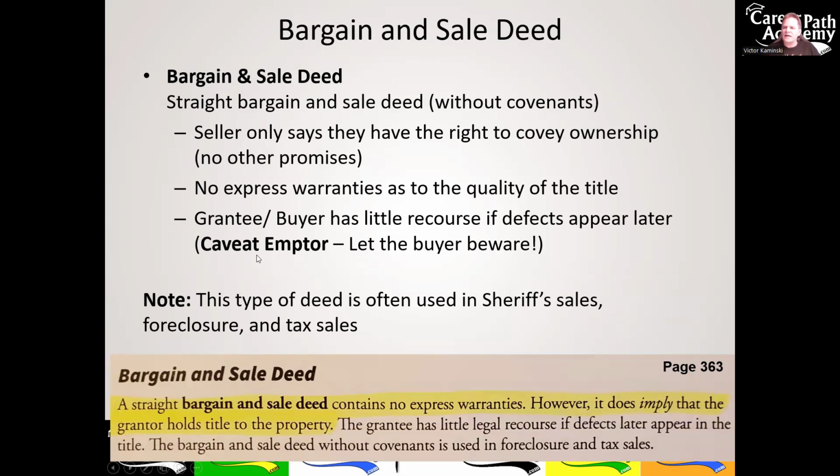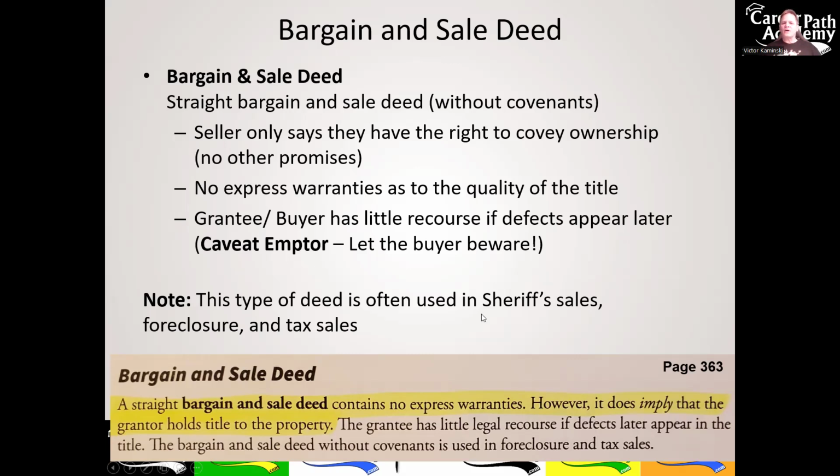It's pronounced caveat emptor. In Latin, it means let the buyer beware. So the grantee has little recourse if defects appear later. Caveat emptor. Let the buyer beware. Another term you need to know and add to your definition list. I think we'll get this in chapter 21 as well.